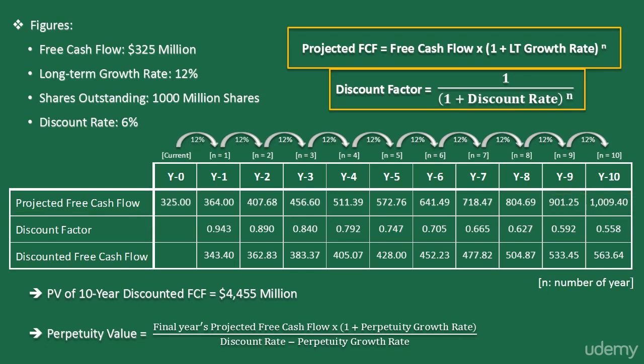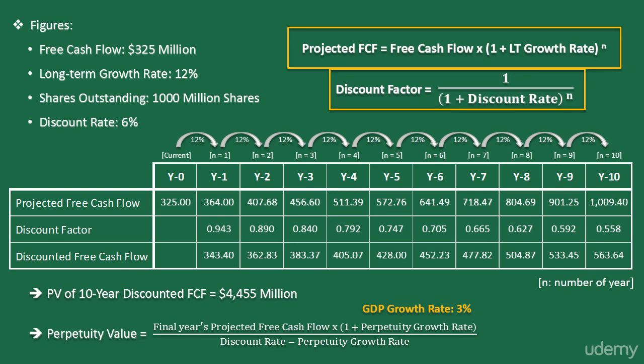In order to estimate the terminal value, we'll not use the long-term growth rate of 12%, but instead, we'll look for another growth rate, which is called the perpetuity growth rate. In this case, we'll consider using the average GDP growth rate of 3% as the perpetuity growth rate.